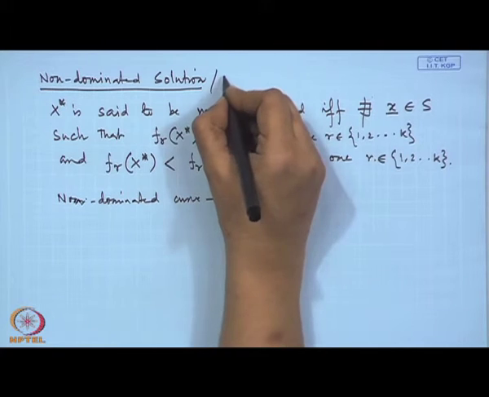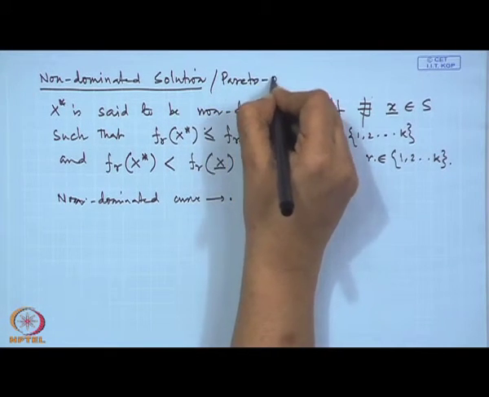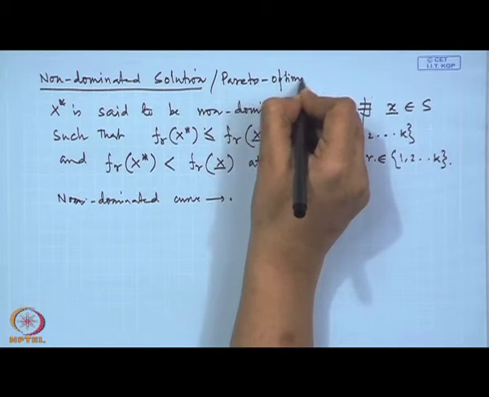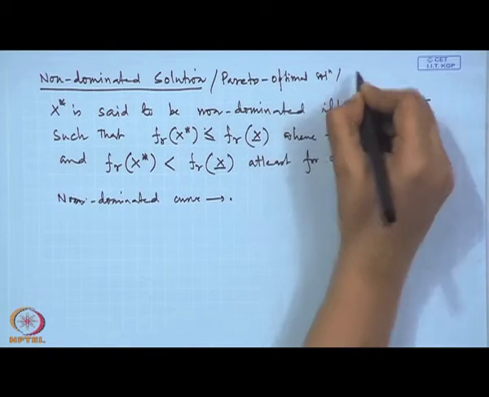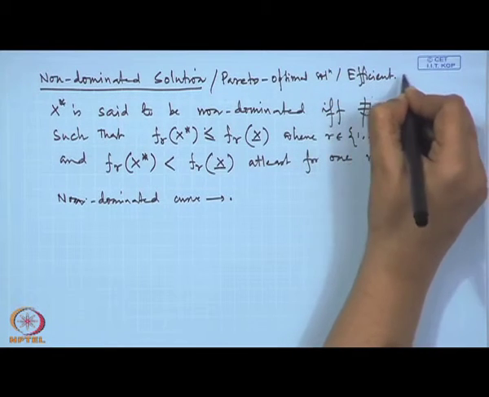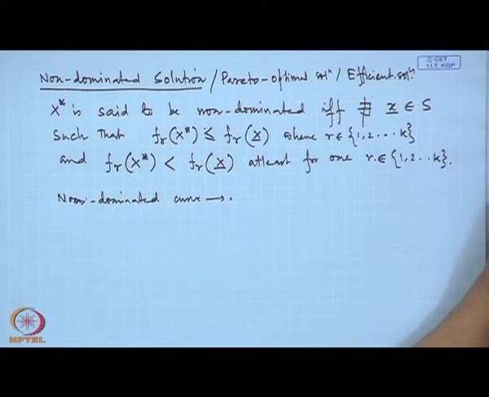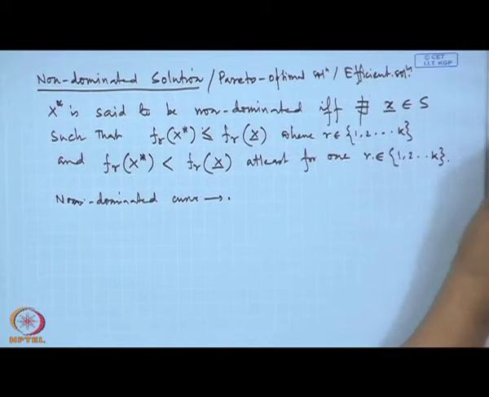Now, the term non-dominated is interchangeably also used with another name, the Pareto optimal solution, and it is also named the efficient solution in the literature. Generally, mathematicians prefer the term non-dominated solution or non-dominated curve.